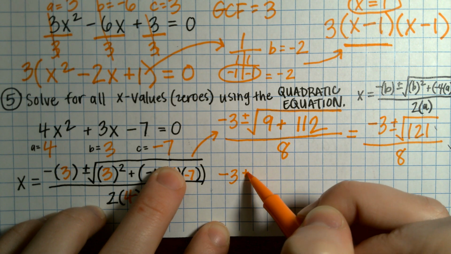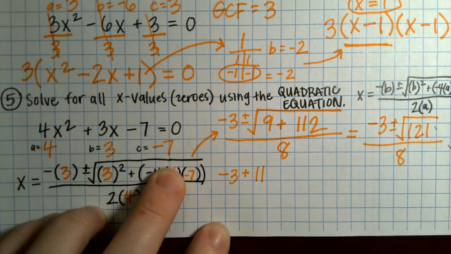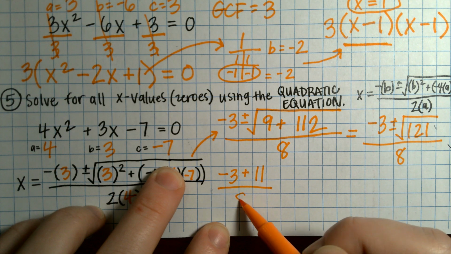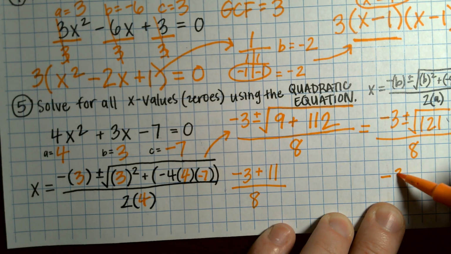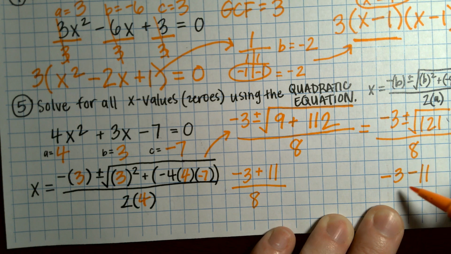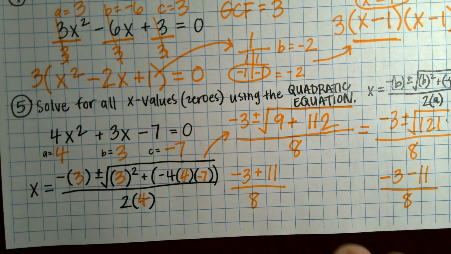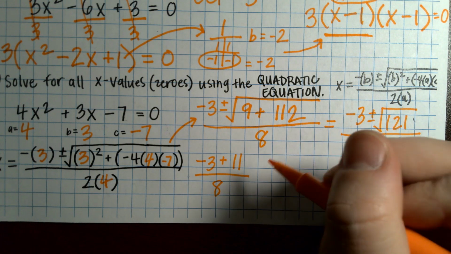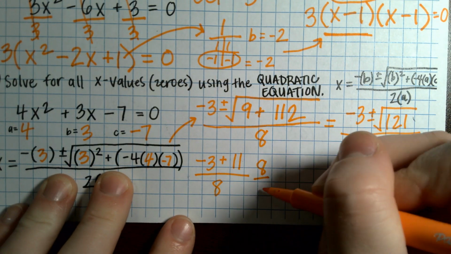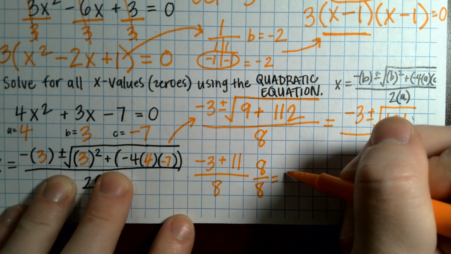-3 plus 11 divided by 8 and -3 minus 11 divided by 8. Okay. What is -3 plus 11? 8. 8 divided by 8. 1.